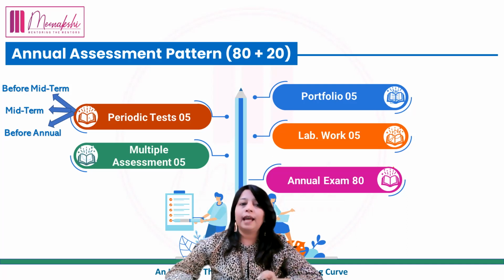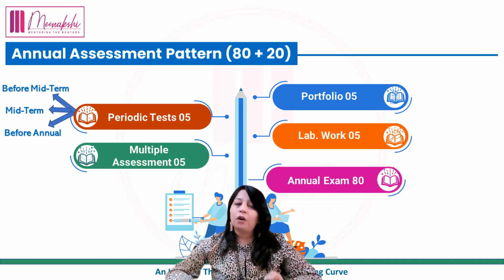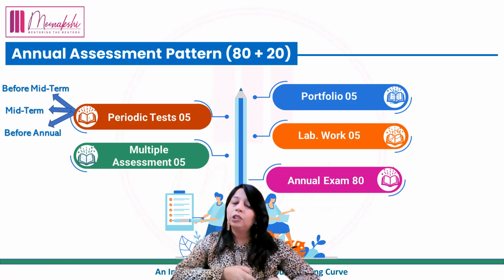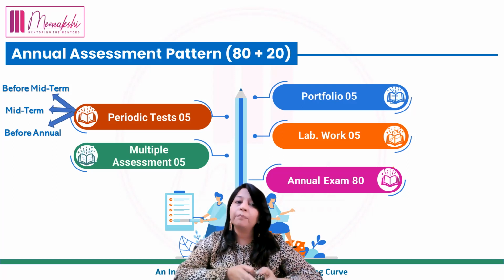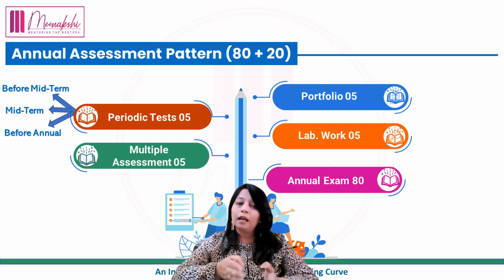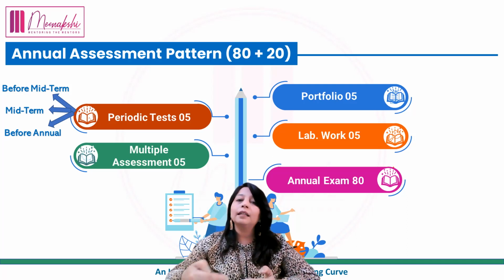Most of the schools have unit tests for 40 marks and the midterm for 80 marks. However, there are no such guidelines given by CBSE. That is entirely up to you. CBSE has clearly mentioned in the initial pages of this curriculum, make sure you expose your students to the curriculum slowly and gradually increase the content.